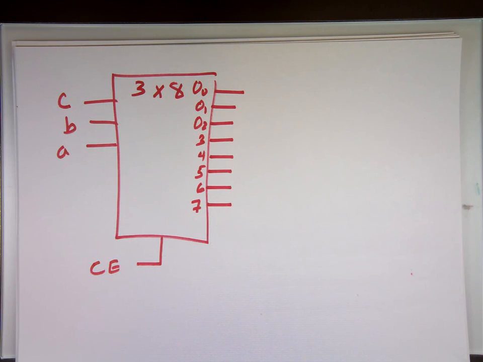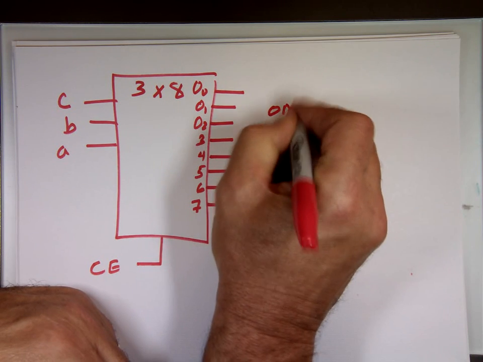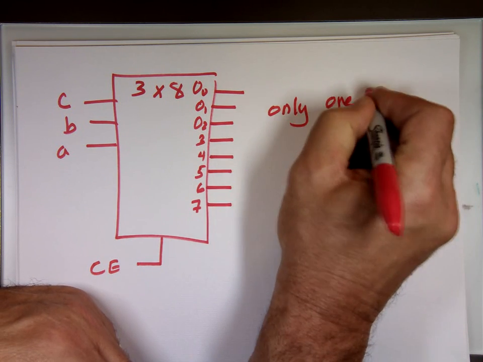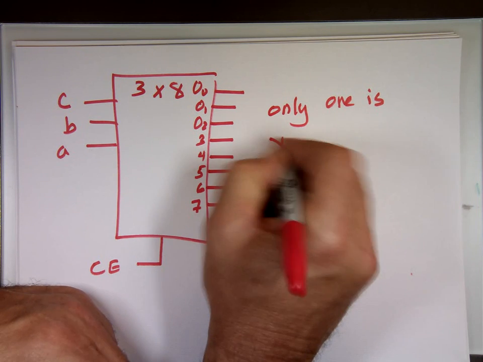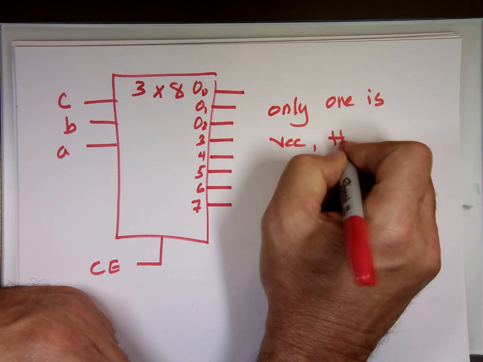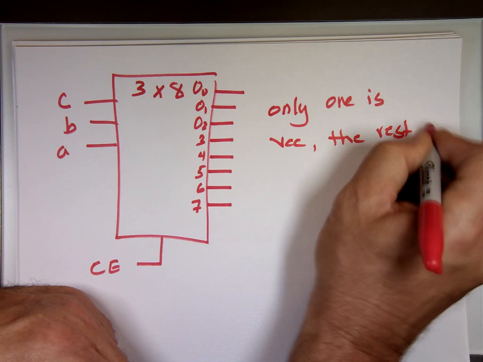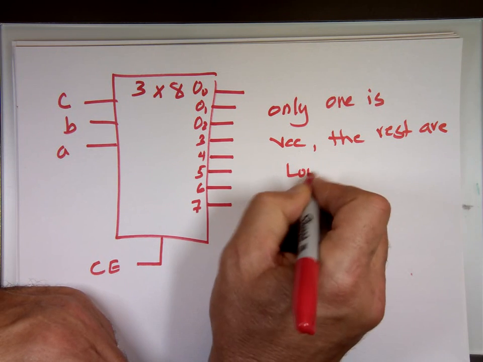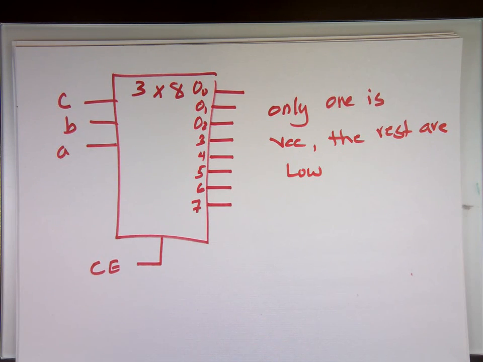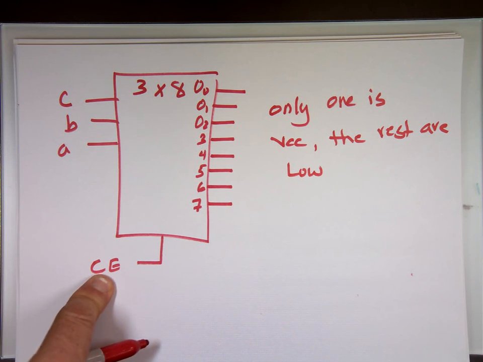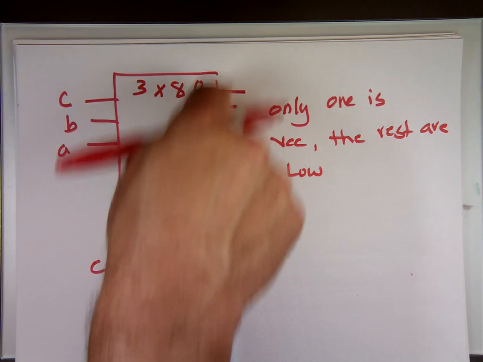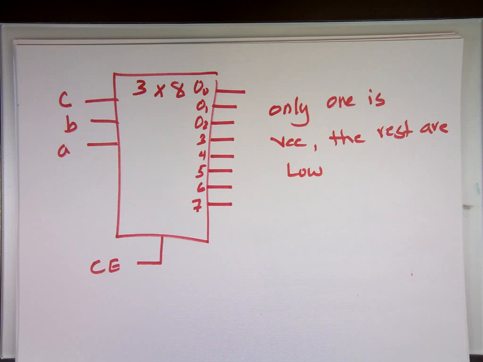The rest will be low. As long as the chip enable is on. If I put a circle at the end of each one, only one of them is low or 0. The rest will be high. I can have 4 by 16 decoders.